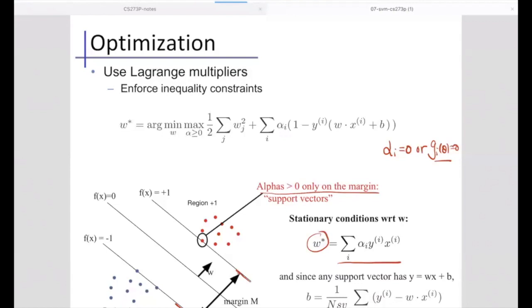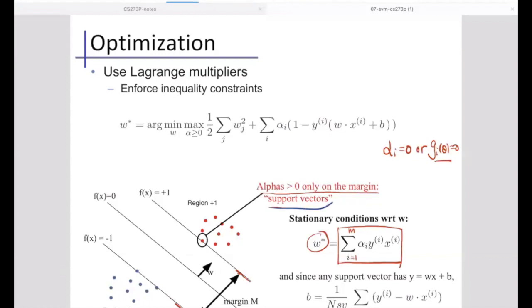Which means, even though you have the summation over i from 1 to m, only a small number of terms are not 0, because many of these alpha_i are 0. Only those data points located exactly on the margins are strictly positive, not 0. Those are called support vectors.